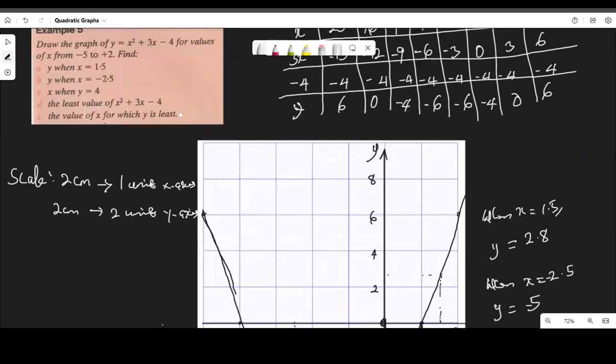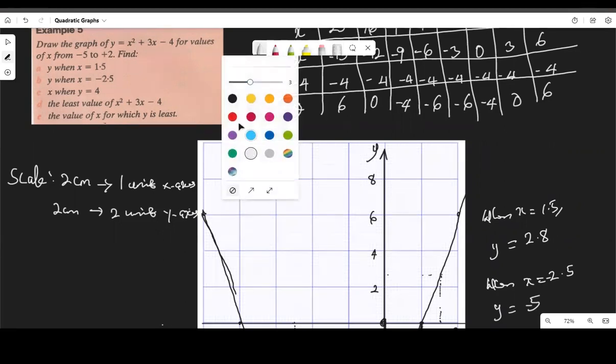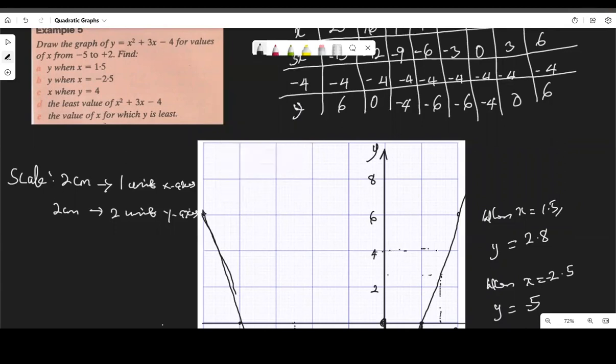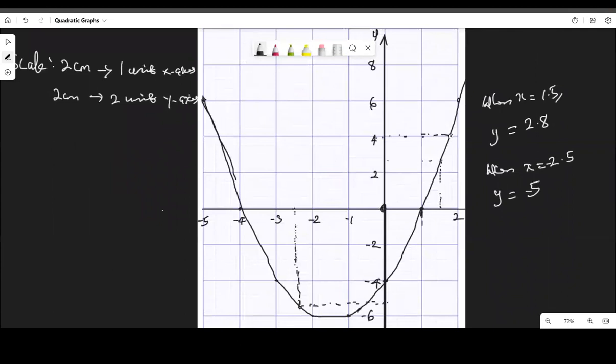Find x when y is equal to 4. Here is y equal to 4. In this case, we are going to trace to both sides, because we have two values of x here. I will trace here until I touch the curve. I touch it here, then I trace it down to the x-axis. That is about 1.8 or so. Let's trace to the other side.